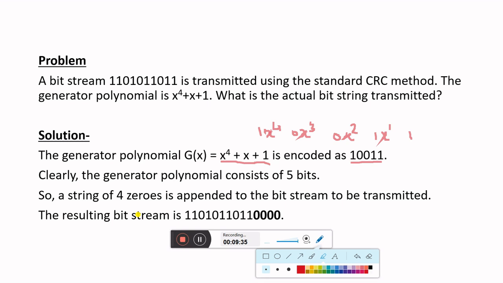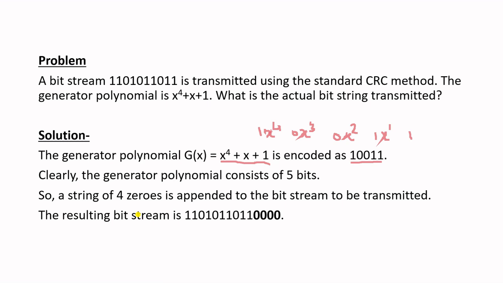because here the number of how many bits are appended after the data. Here the generator polynomial is encoded in 5 bits, and if there are 5 bits, 4 zeros are added.